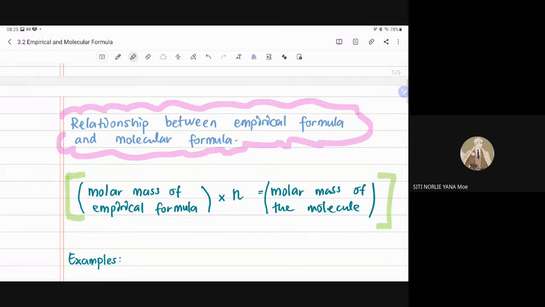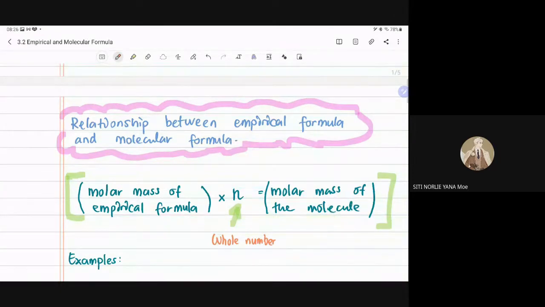Kalau kita kira molar mass of an empirical formula, we multiply by a number, a whole number, and it is equal to the molar mass of the molecule.